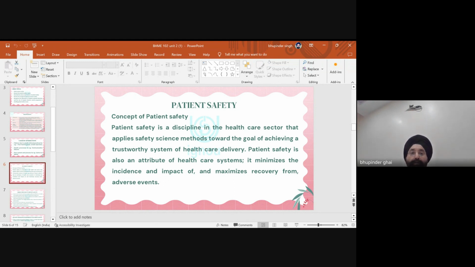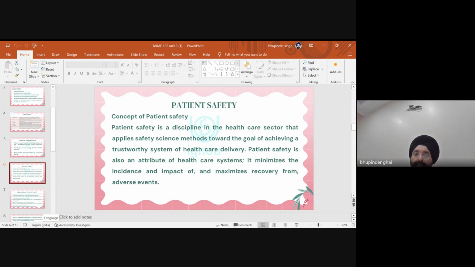Patient safety is also an attribute of the healthcare system. It minimizes the incidence and impact of adverse events and maximizes recovery from them. That means patient safety is a part of the healthcare system which minimizes incidents.